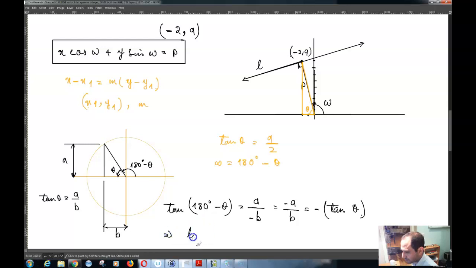So tan of 180 degrees minus theta is equal to negative tan of theta.